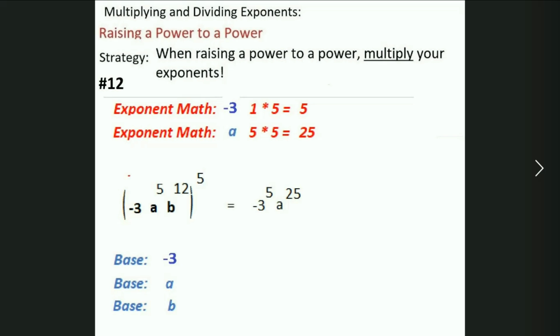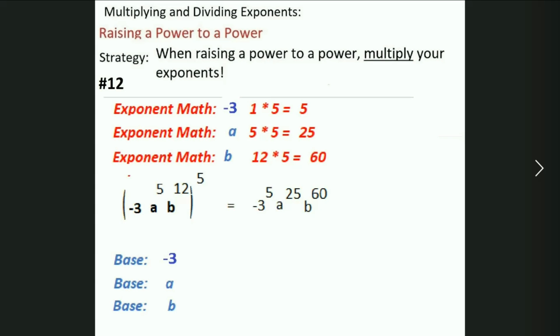And lastly, let's look at b. b is being raised to the 12th power. And b to the 12th power raised to the 5th power is going to just be 12 times 5, and that's going to give you 60. Now I know sometimes we shy away when we see larger numbers, but this is right. It's just another number. So we have b to the 60th power.